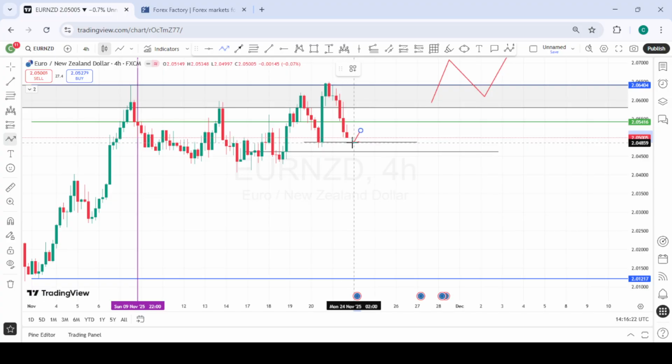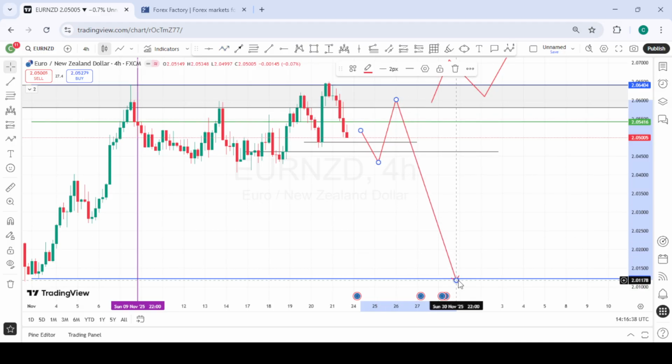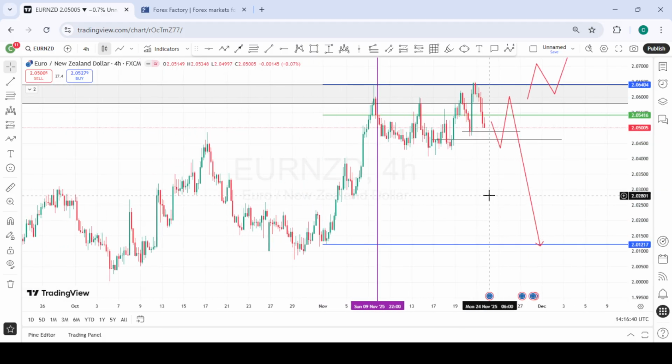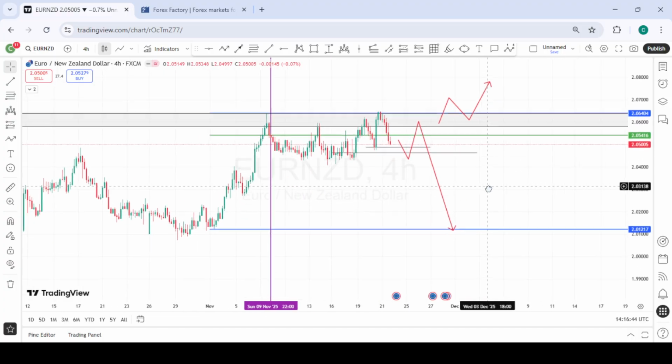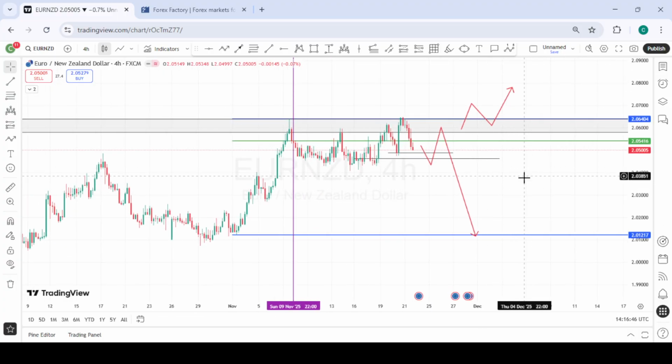So if the daily structure shifts, if the daily candle closes below this zone, or a 4-hour candle closes below this zone and gives us a pullback back into this zone, which would be like a possible right shoulder or a possible lower high, we'll be interested in taking the sales from here to the downside. So this is going to be our target for EURNZD. This will be invalidated if price breaks above and continues to the upside. So we are bearish on EURNZD as well for the coming week.